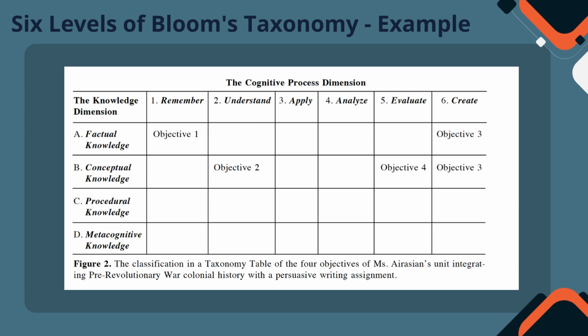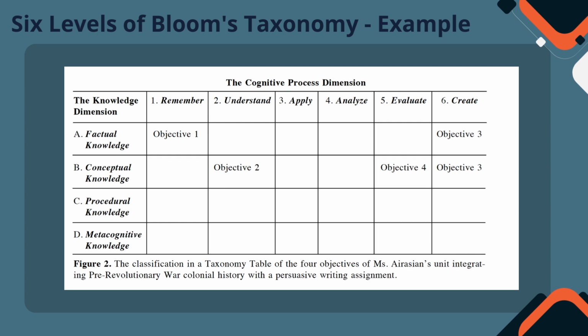And then the third objective was choose a colonial character or group and write a persuasive editorial stating his or her position on the acts. And the editorial must include at least one supporting reason not specifically taught or covered in the class. And so the key word in this third objective is write. Writing is producing, and that's a process that's within level six, which is create.